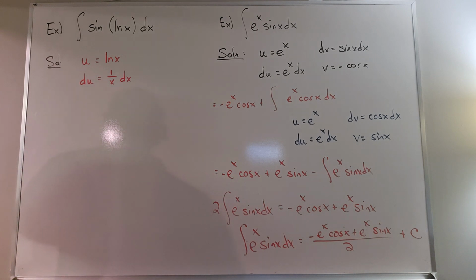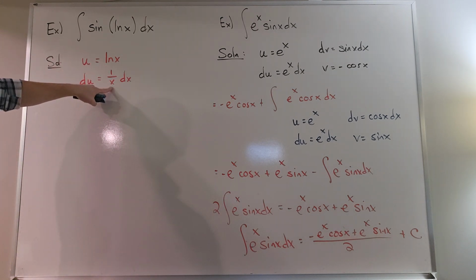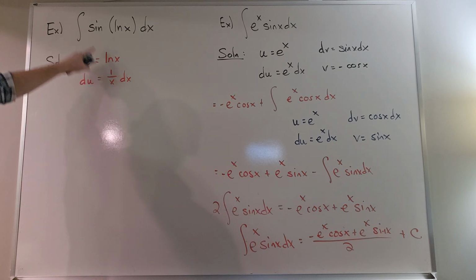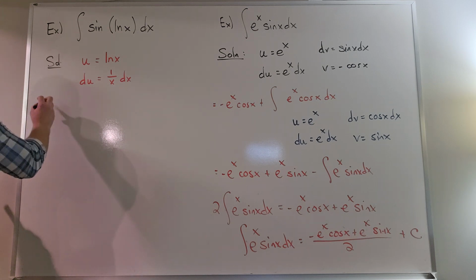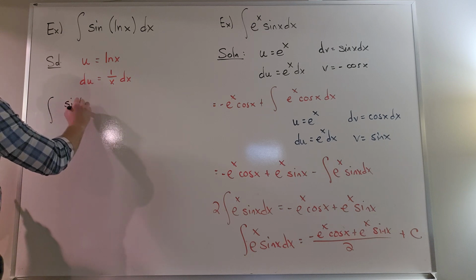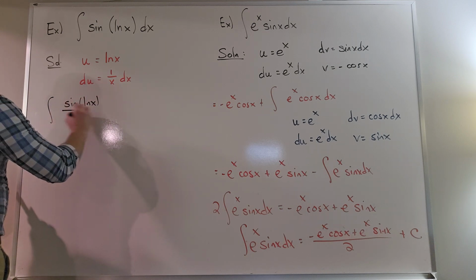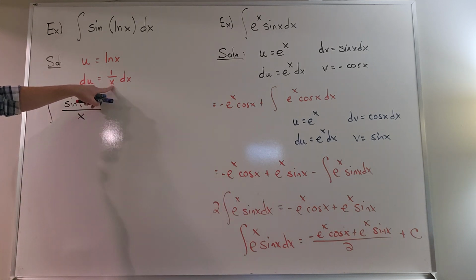Now, this is the inside of the composition, and this is going to have to appear as a factor. Of course, it does not. Well, if it doesn't, here's what I'm going to do. I'm going to write this as sine of the natural log of x, and I have to have that x in there as a denominator for my differential.